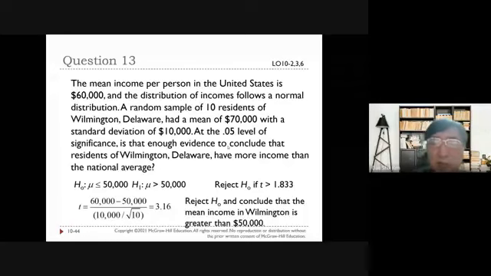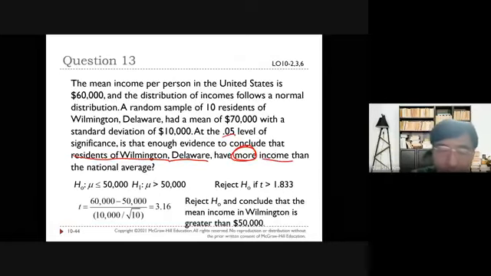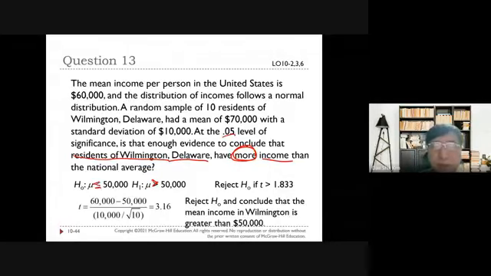At the 0.05 significance level, is that enough evidence to conclude that residents of Wilmington, Delaware, have more income? Then the null hypothesis is less than or equal to 50,000.